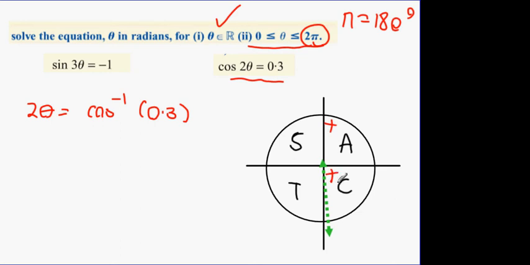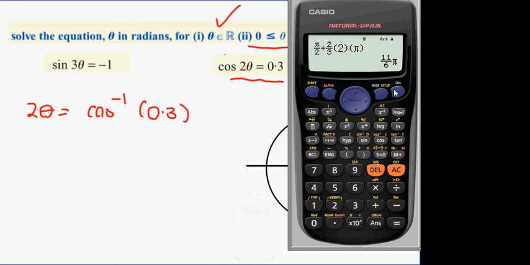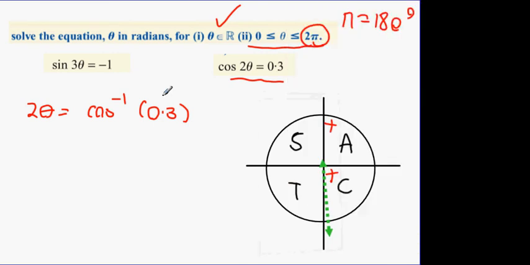Cos inverse 0.3. Now I'm going to do it in degrees at the start, okay? If you're doing it in degrees, make sure that your calculator is in degree mode, okay? So I'm going to cos inverse 0.3. And what I get there is 72.54, okay? 2 theta equals 72.54.